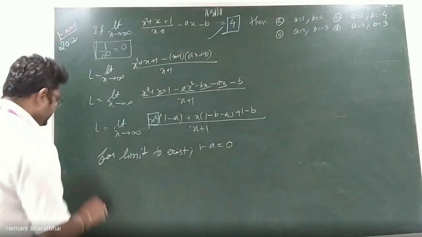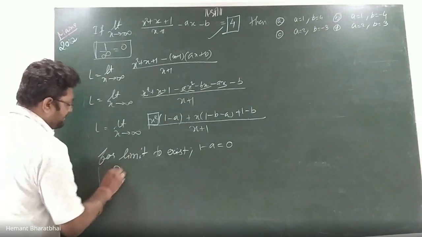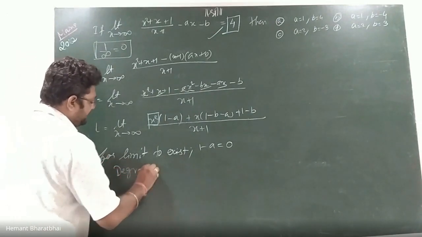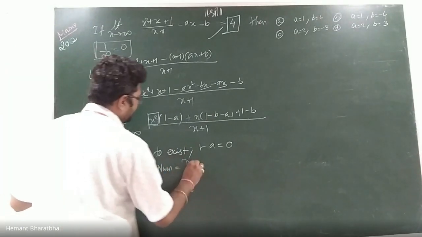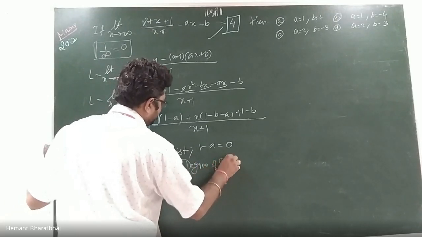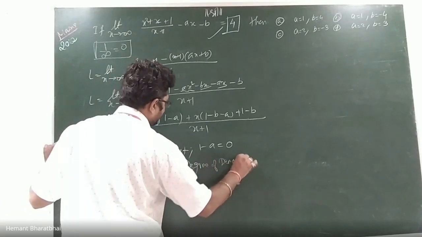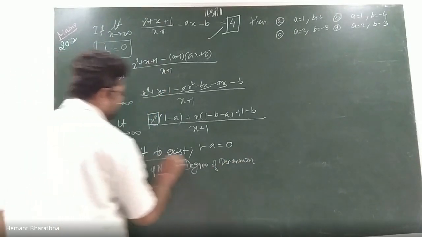Which means we reach a very important concept. My degree of numerator should be equal to degree of denominator when I have a numerical of limit x tends to infinity.